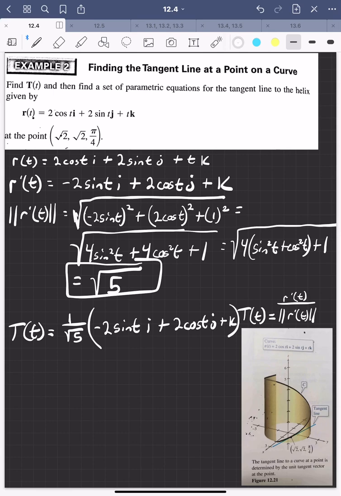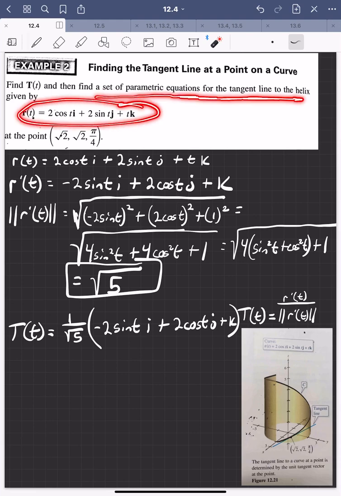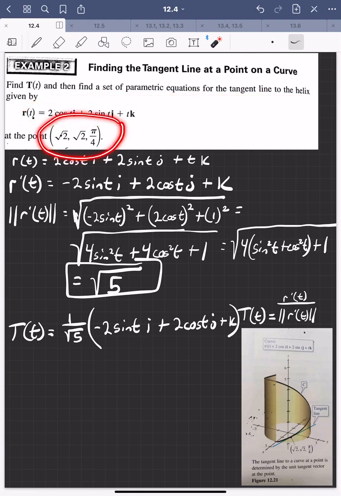All right, so let's get back to the question. So find the unit tangent vector, done. And then find a set of parametric equations for the tangent line to the curve, which is a helix in this case, given by the following vector valued function at the point square root of 2, pi over 4. Interesting.